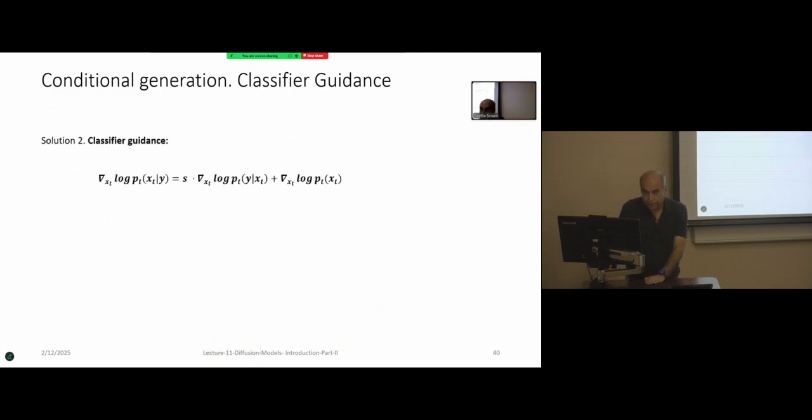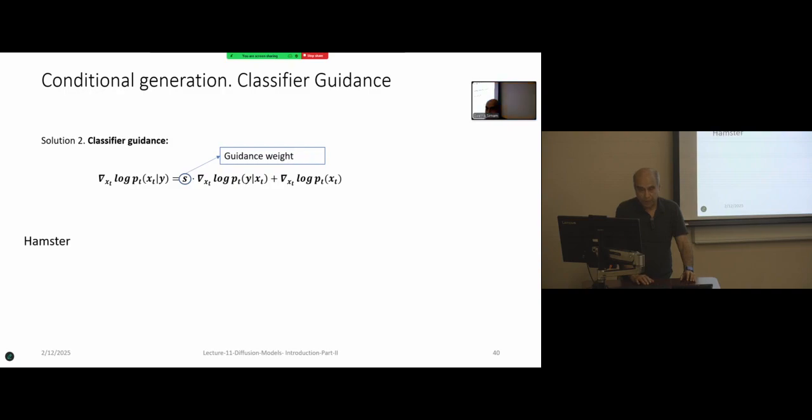Now, with classifier guidance, you can decide how much you want to weight a particular class, and how much you want to just generate images from the whole data set: diversity versus particular specific classes.